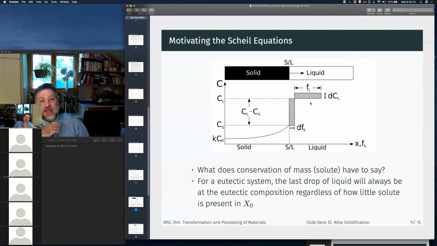That means the area of these two rectangles has to be the same. By equating the area of these two rectangles as we move our interface over, we can define what we call Scheil solidification. We can use this to predict the compositions as we move on. This is also called the non-equilibrium lever rule, another word for these Scheil equations.